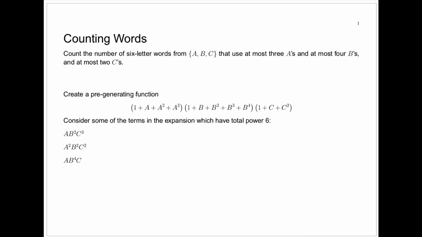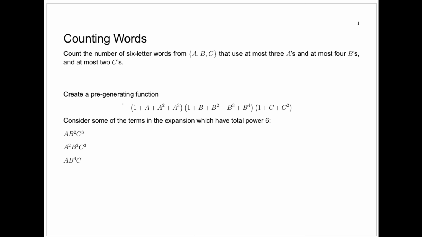Just as before, we're going to let this 1 denote the choice of choosing 0 A's. Here the A will represent 1 A, this will represent 2 A's and 3 A's. Then we can choose either 0 B's, 1 B, 2 B's, 3 B's, or 4 B's. And for the C's, either no C's, 1 C, or 2 C's.